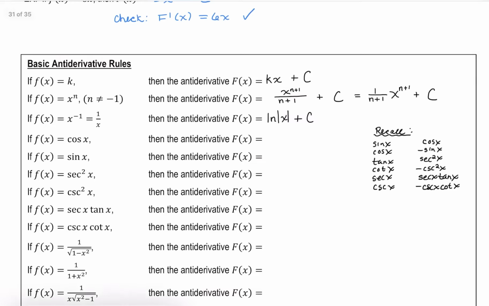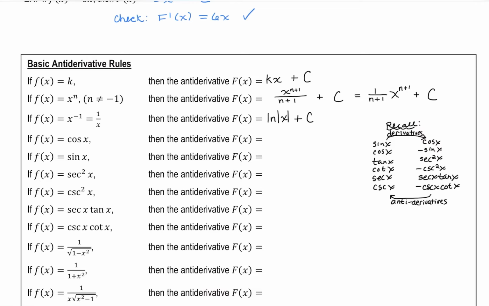And so you know how to take these derivatives, right? This is what you already know, and that is going from this column to this column. These are your derivatives that you already know. So that means you know these 6 antiderivatives in reverse.